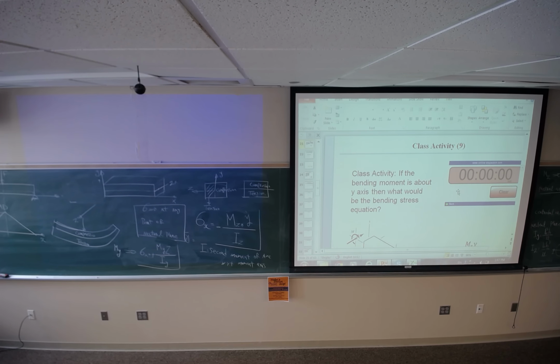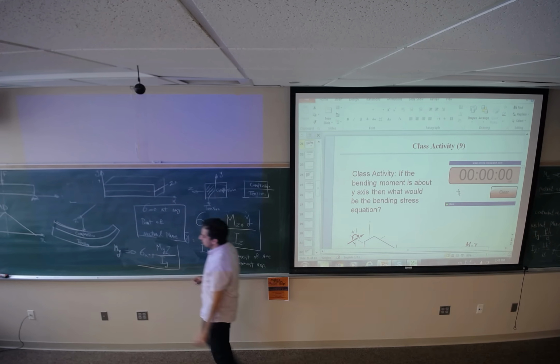But for the circular cross section, as you see, we have symmetry about y and z axis. So both have the same value, pi times d power 4 divided by 64.